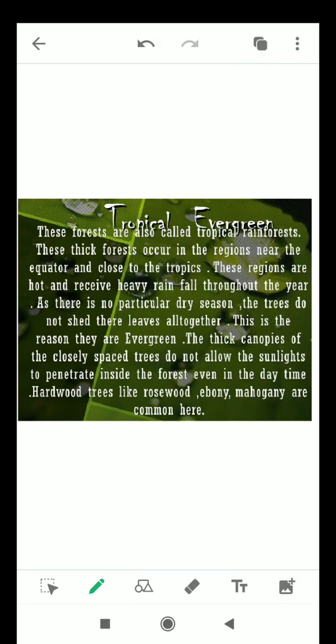Number one is tropical evergreen forest. Students, these forests are also called tropical rainforests and are found in places close to the equator. These regions have hot temperatures and experience heavy rainfall all year round. Most of these forests are found in Central Africa, South America, Southeast Asia, and Madagascar.